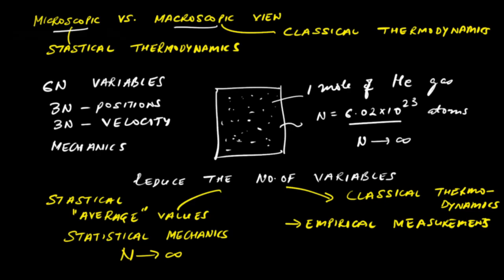For example, from a microscopic point of view, the pressure that a gas exerts on a wall is due to the momentum that is transferred to the wall by the particles hitting the walls. So the change in momentum of the molecules with the walls gives rise to pressure. However, from a macroscopic point of view, we can simply measure this pressure using some pressure gauge.